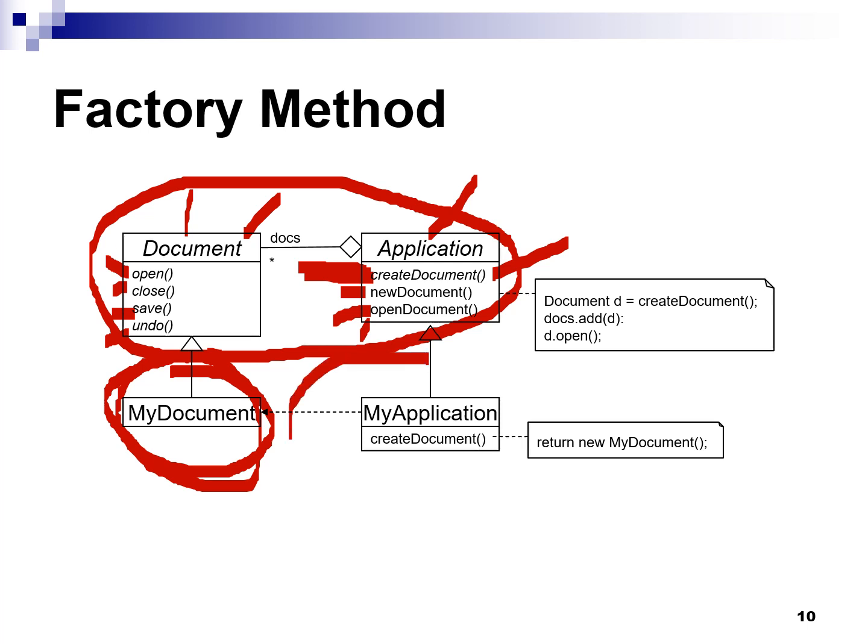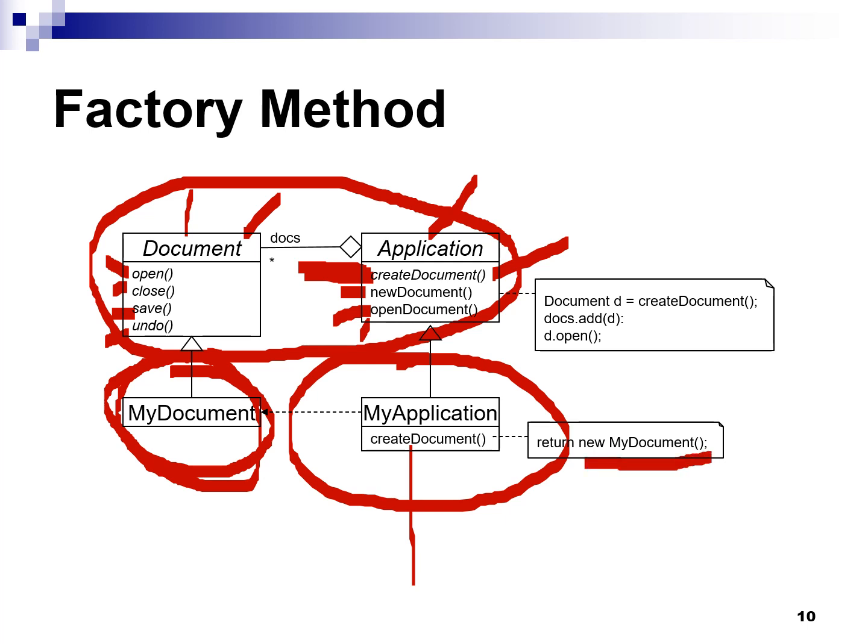And the idea is that you subclass my Application and override createDocument. When you override createDocument, then you can put here code to create the actual type of document. You return MyDocument, right?